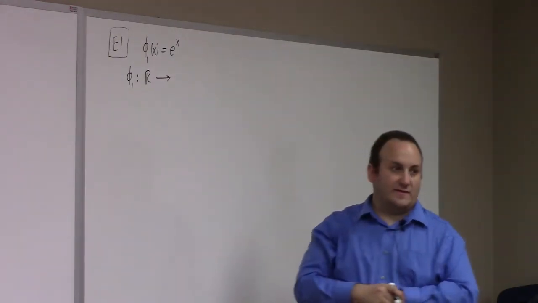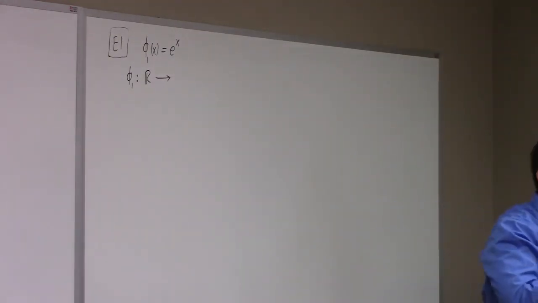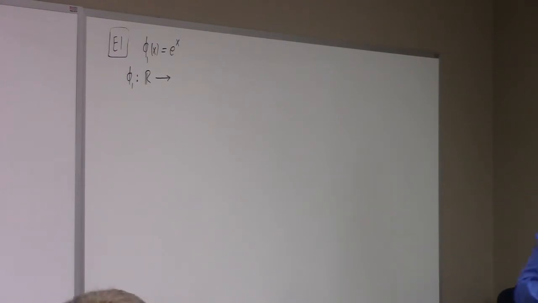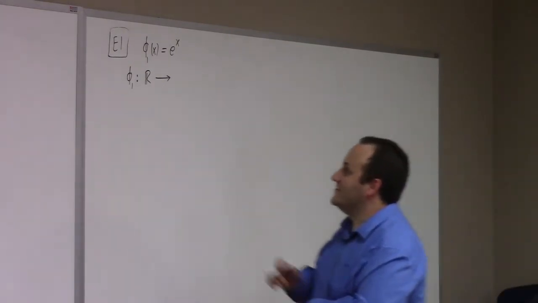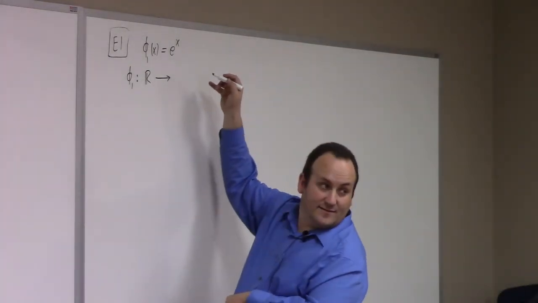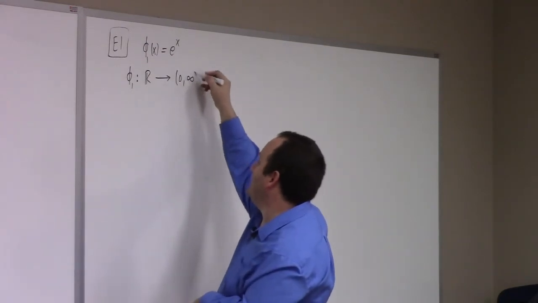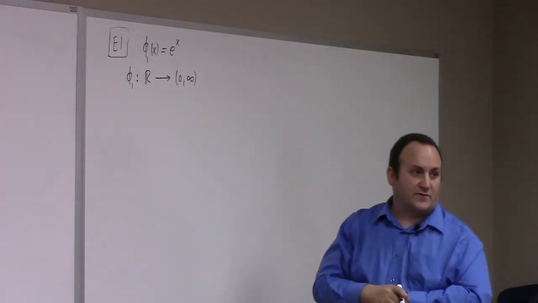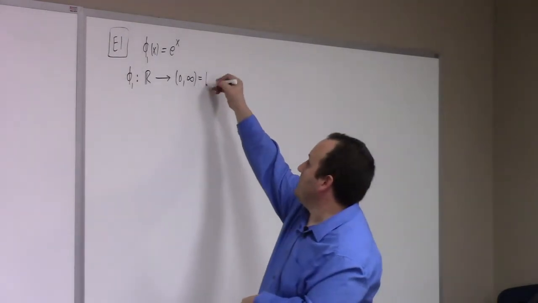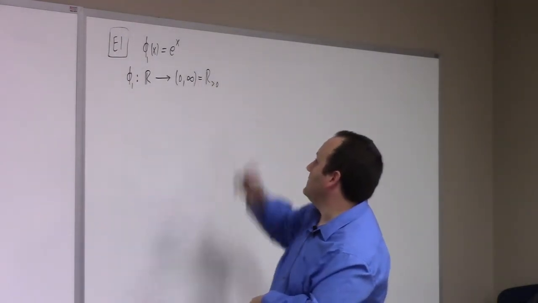You can tell from my formula. It should take you back to the days of your youth, pre-calculus. What do you say? Fine, I have to do all the work. Positive reals, right? Or if you like, we could say R greater than 0.